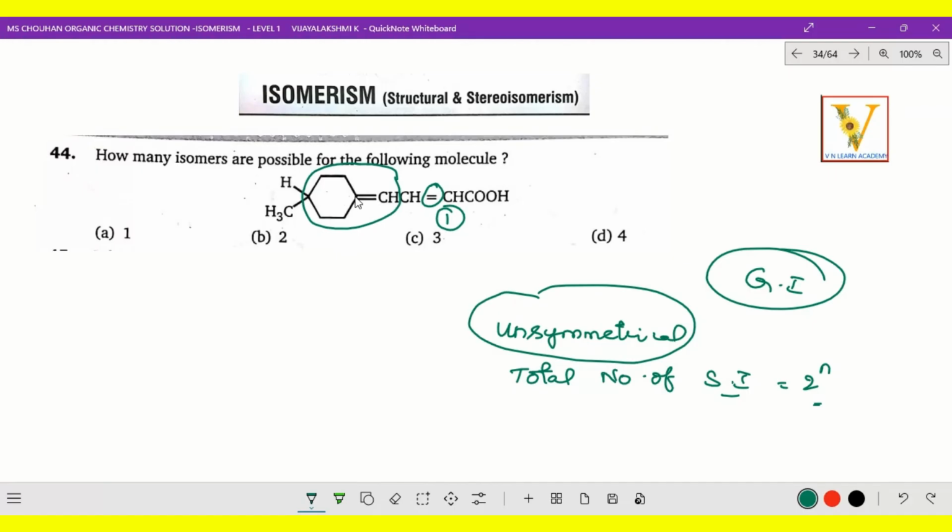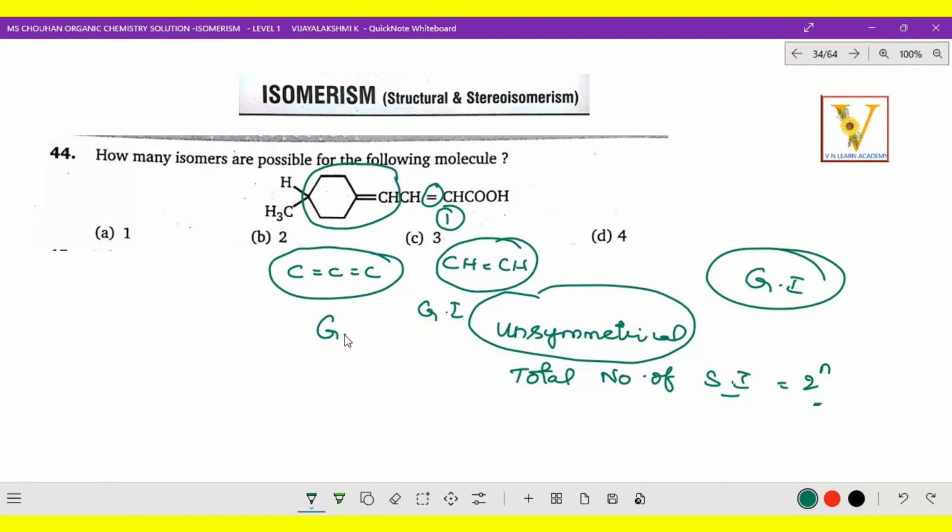Here one carbon, one carbon, and one carbon: C double bond C double bond C. So this is a cumulene structure, and here CH double bond CH. So here one GI is available, and here one GI is available. So 1 plus 1, 2 GI are available. That means two stereogenic centers are there.